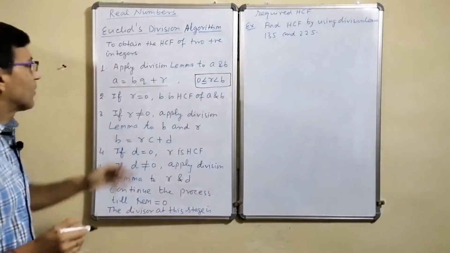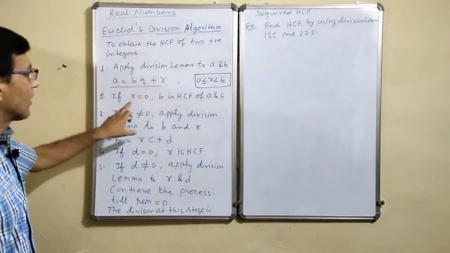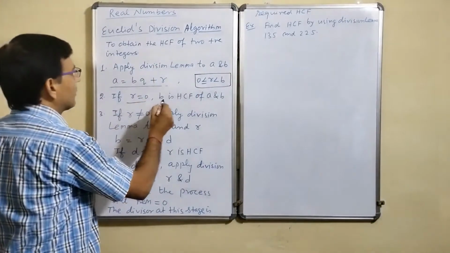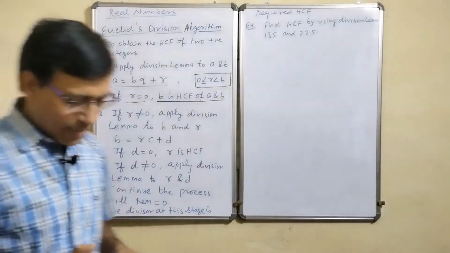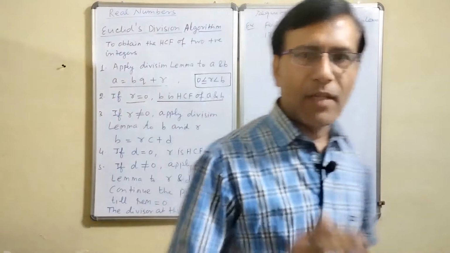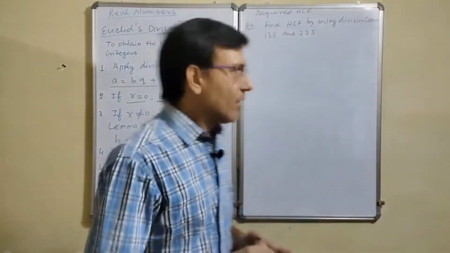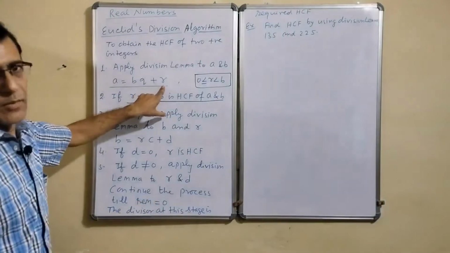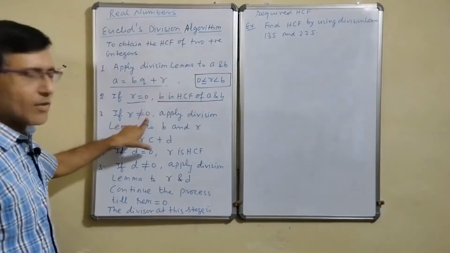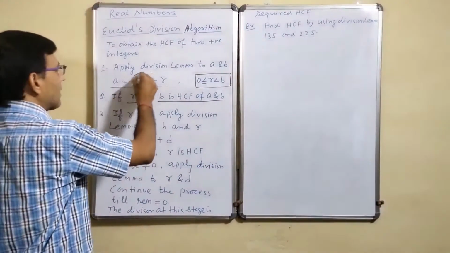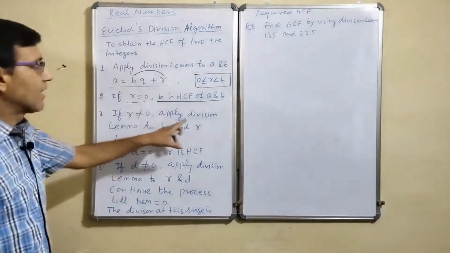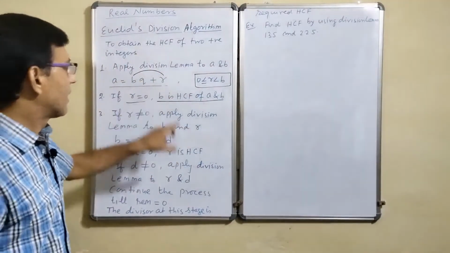Now what we have to do: if r is equal to 0, then b is the HCF of a and b. The divisor at this stage will become the required HCF when the remainder is 0. If the remainder is not equal to 0, again apply the division lemma to b and r.